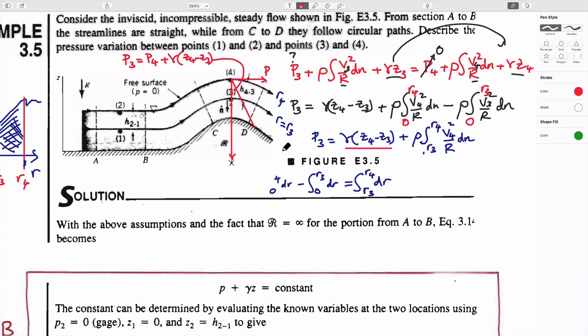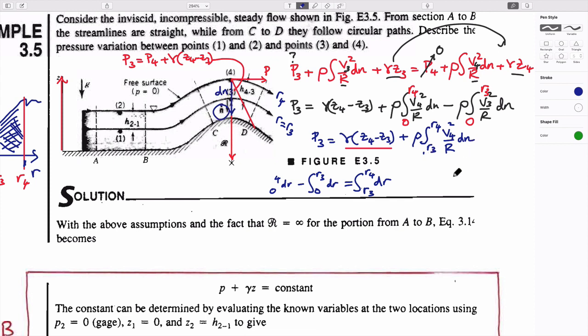But the other thing is that if you look at the coordinate directions we have, this direction Z is positive upwards, but the normal to the direction of circulation, if you like, is pointing into the center here. This is our direction dn. You can see it right here, dn.